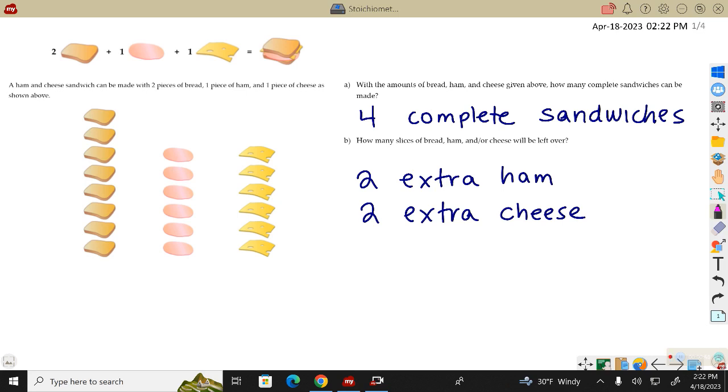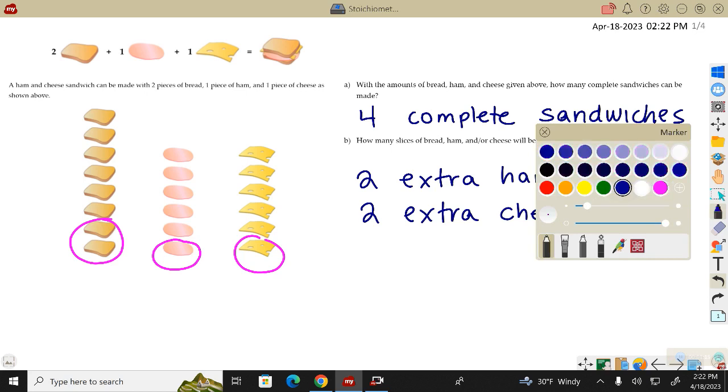So some people like to group them together in that ratio or cross them off in that ratio. Every time I can group 2 pieces of bread, 1 piece of ham, and 1 piece of cheese, this will give me 1 complete sandwich. And then I see how many times I can do that.